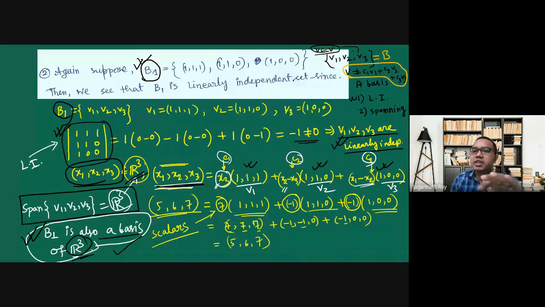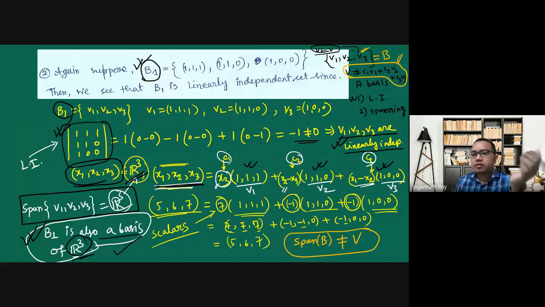If it is a basis, it will span the space, and every vector can be written as a linear combination of these three vectors. If we cannot write that, then the span of B is not equal to the space, which means it is not a basis.